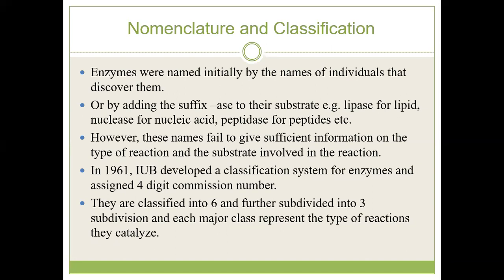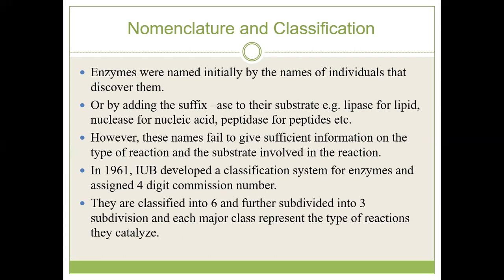So in 1961, the International Union of Biochemistry developed a new way of classifying enzymes. They classified the enzymes into 6 classes, and they assigned a 4-digit number. The classification was done in such a way that in the 4-digit number, you have a class, subclass, subclass, and then the individual enzyme.